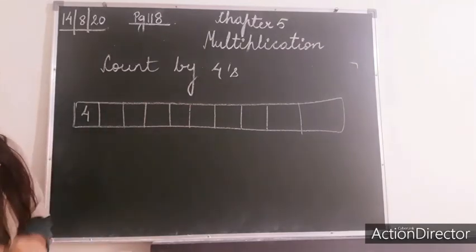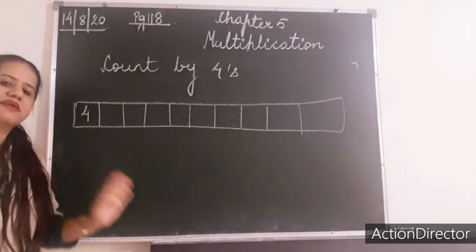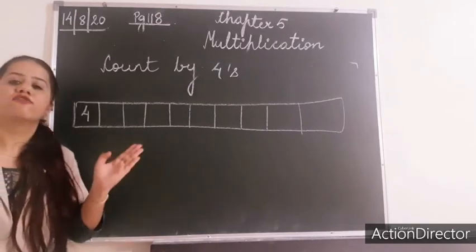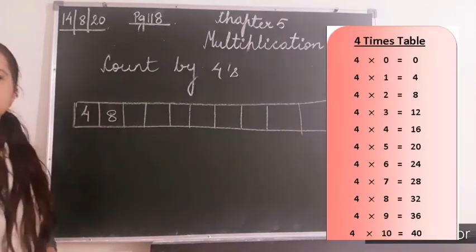Okay, so let's begin. 4 1s are 4. It is already written there. Okay, so next now we will come to 4 2s are 8.